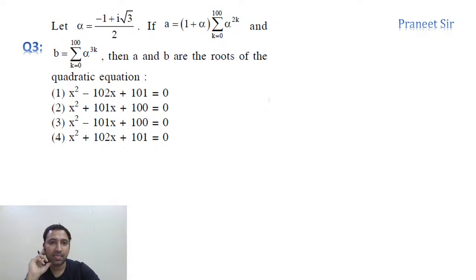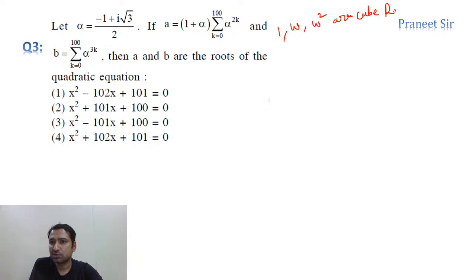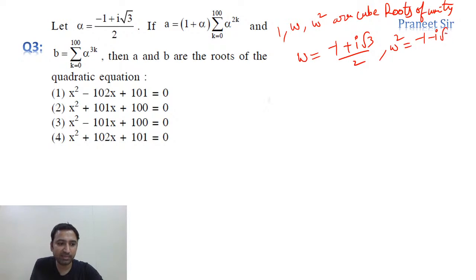Omega and omega square, along with 1, are the cube roots of unity, and we can say that omega is equal to minus 1 plus i root 3 by 2, and omega square is minus 1 minus i root 3 by 2, correct or not? So can I say that alpha is equal to omega? Yes, we're getting alpha is equal to omega.